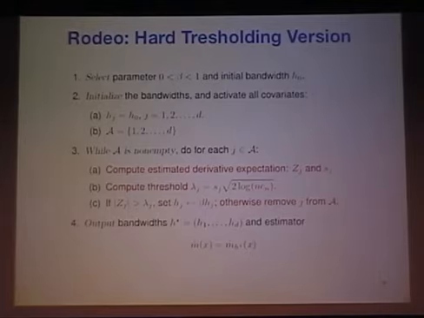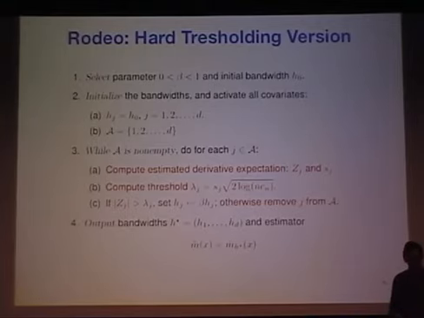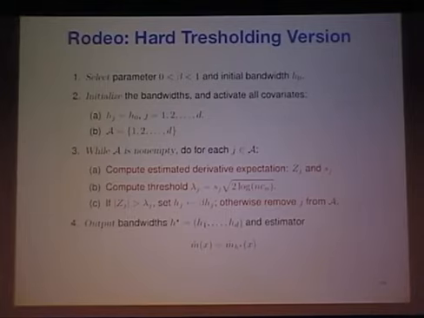And that's the algorithm. Eventually the algorithm stops because as we shrink the bandwidths, the variance increases. So eventually the variance for all the variables will be sufficiently large that these derivatives will all be below threshold. And again, it's similar to wavelet thresholding, but we're doing this in high dimensions.